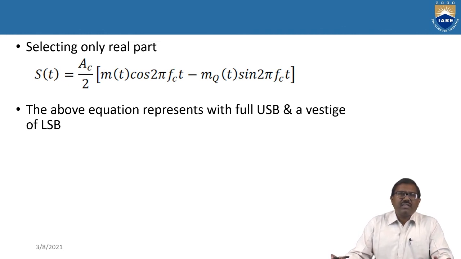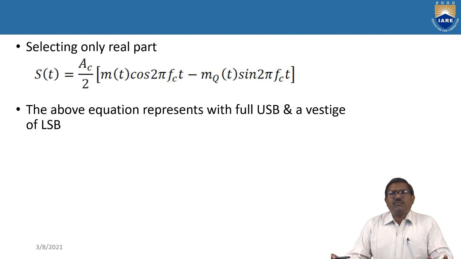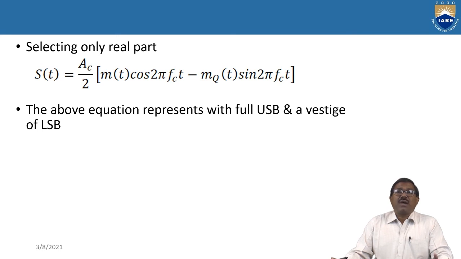So s(t) is equal to Ac by 2 of m(t) cos 2 pi fc t minus mQ(t) sin 2 pi fc t. One is a full sideband, which here you consider as the upper sideband, and the vestige of the LSB is the other one. So this is the time domain description of VSB.